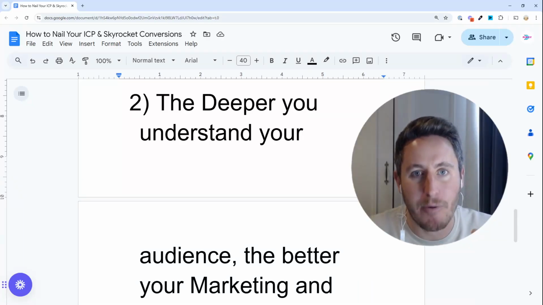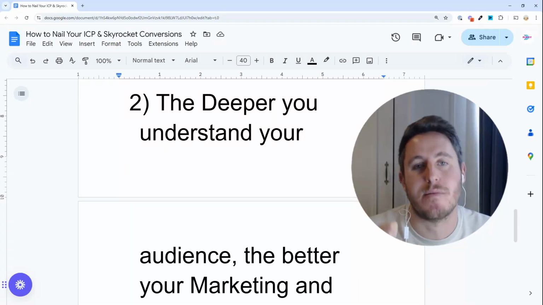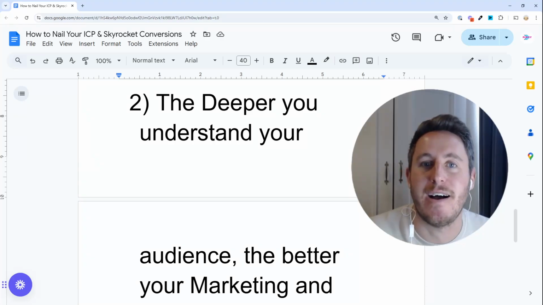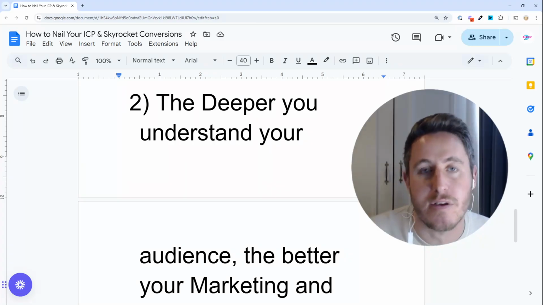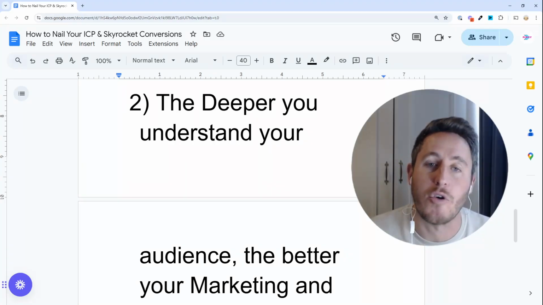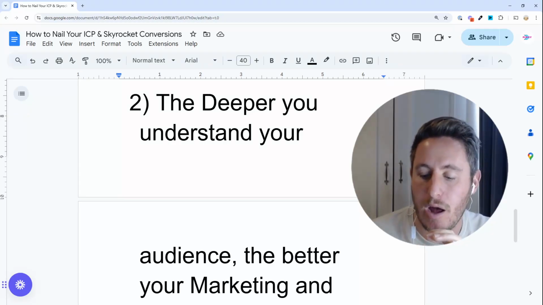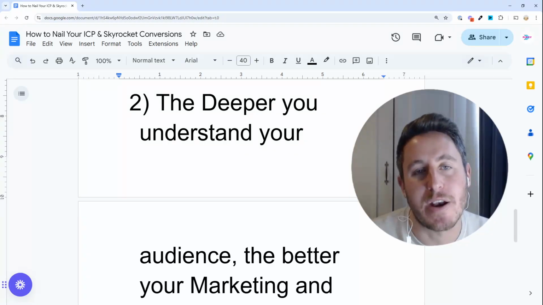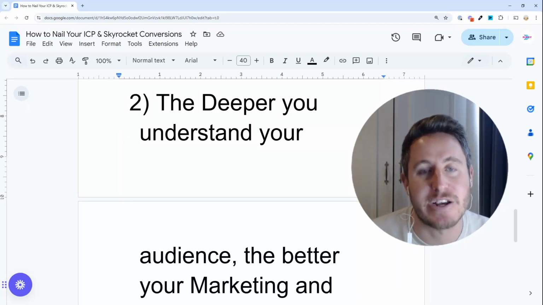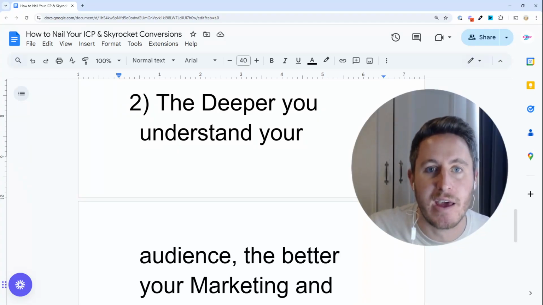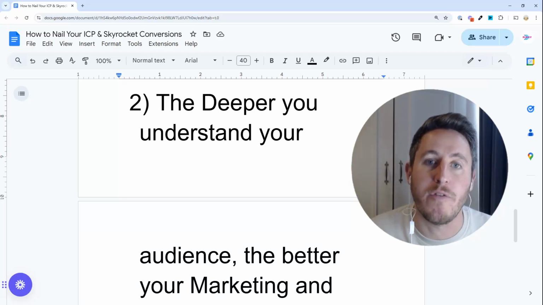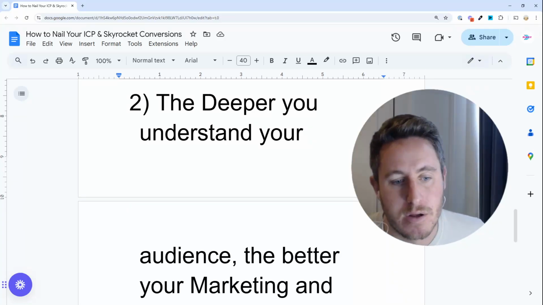When you get that right and it just clicks, then you get conversions that skyrocket. So your cost per lead will come way down. When your sales team understand that as well, and you've got sales decks and pitch decks that are matched to that, then it will massively increase your conversions at every stage of your marketing and your sales funnel as well.